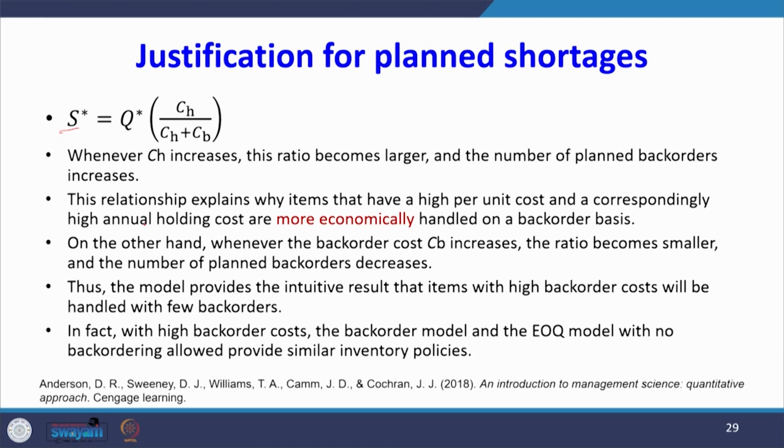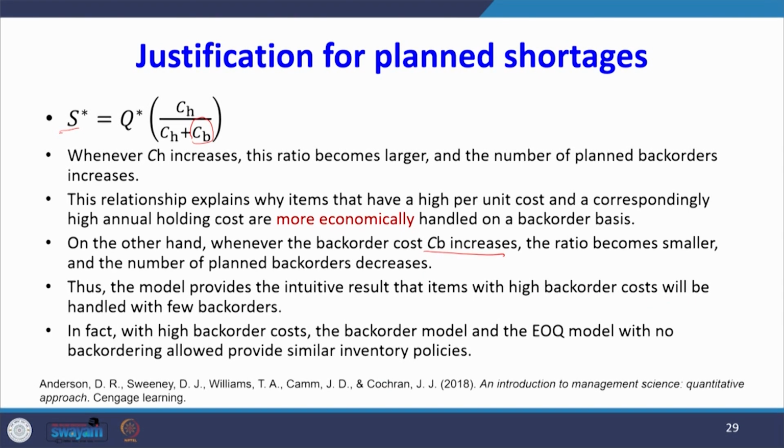This relationship explains why items that have high per unit cost and a correspondingly high annual holding cost are more economically handled on the backorder basis. On the other hand, when the backorder cost CB increases, the ratio becomes smaller and the number of planned backorders decreases. Thus, the model provides an intuitive result that an item with high backorder cost will be handled with few backorders.